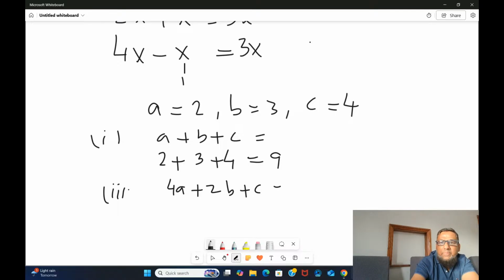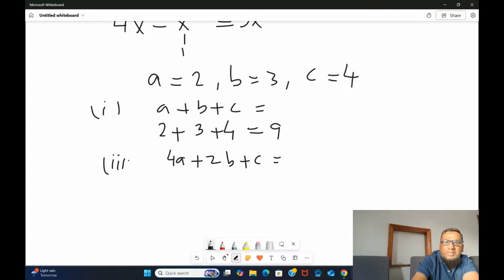Very simple. 4a means a is multiplied by 4, so you substitute the value of a, which is 2, plus 2 times the value of b, which is 3, plus c, which is 4.